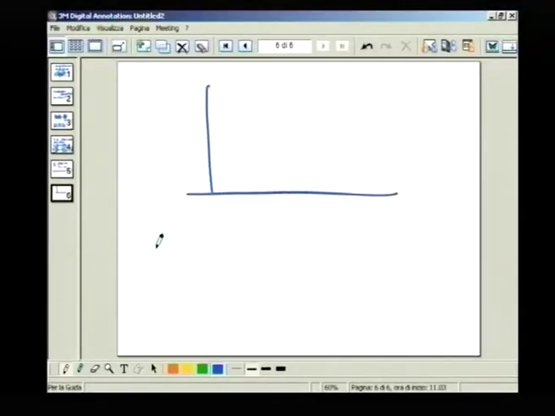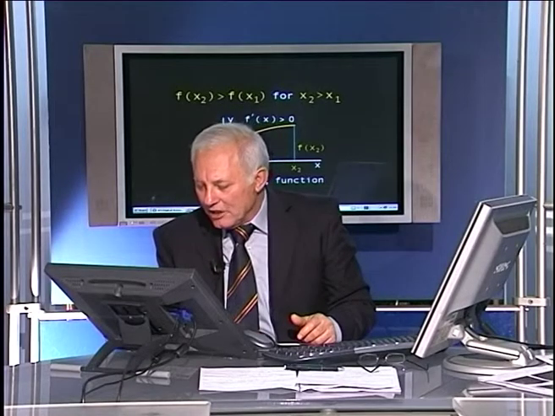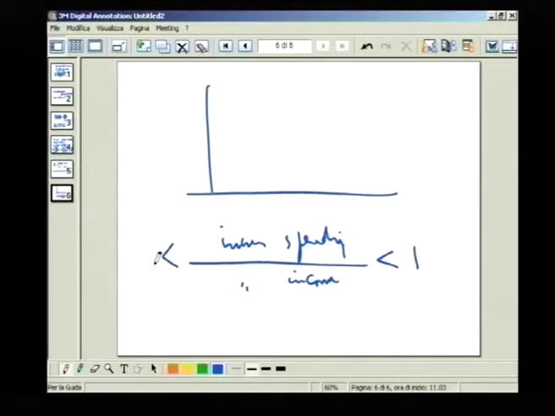For example, in economics, there is something called the marginal propensity to consume. It's the percentage increase in your spending. This is the increase in spending or consumption divided by the increase in income. For example, when your income increases, of course your spending increases, and usually it's a quantity between 0 and 1. It must look something like this.